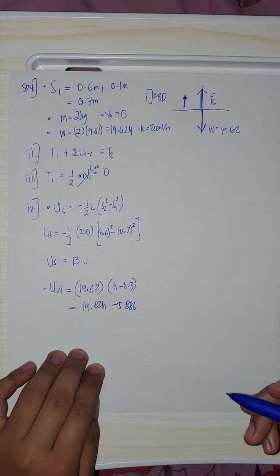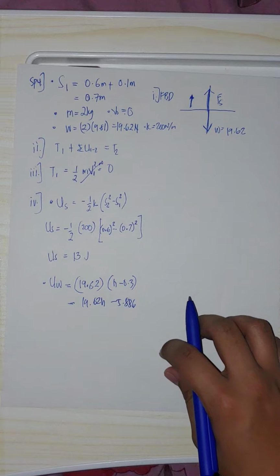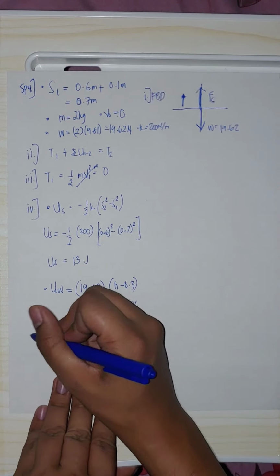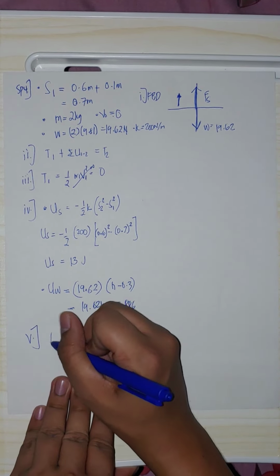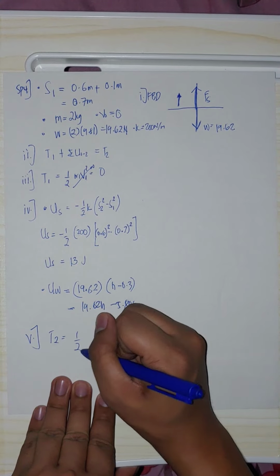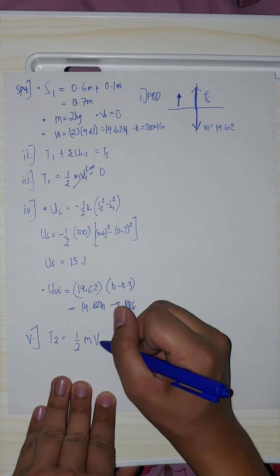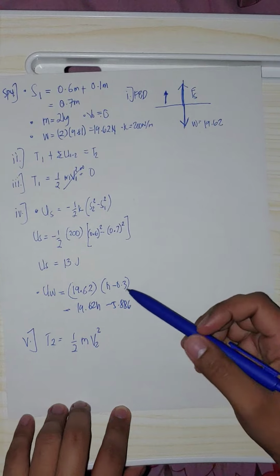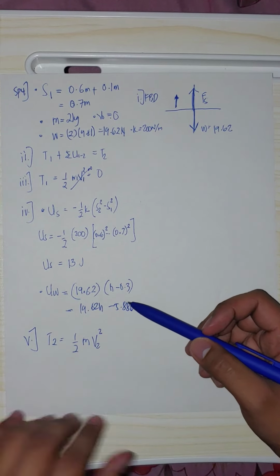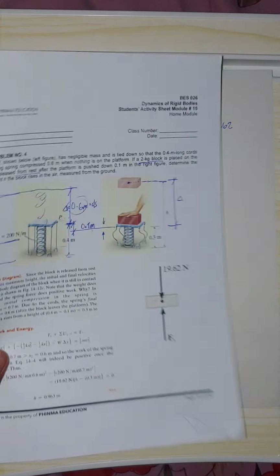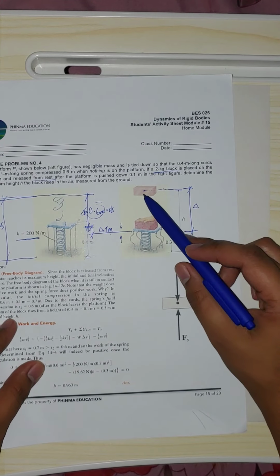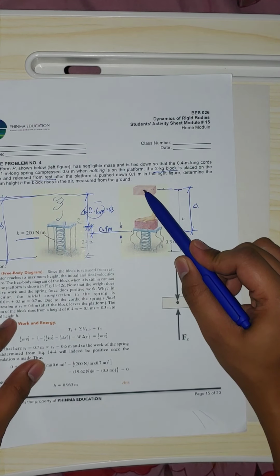And then what is our final kinetic energy? Okay, so we have our T2, 1/2 times the mass times the final velocity squared. Since we are looking for the maximum height of the block, if you remember, the velocity at maximum height is 0.